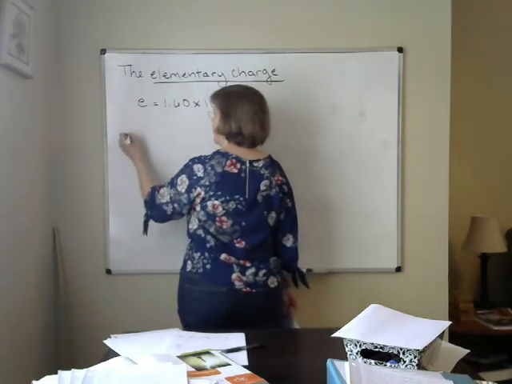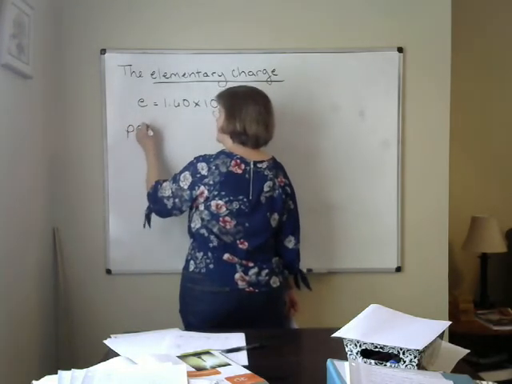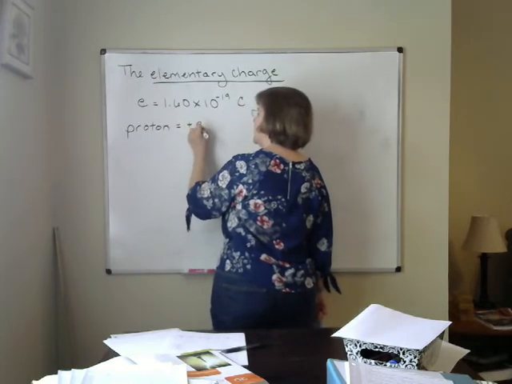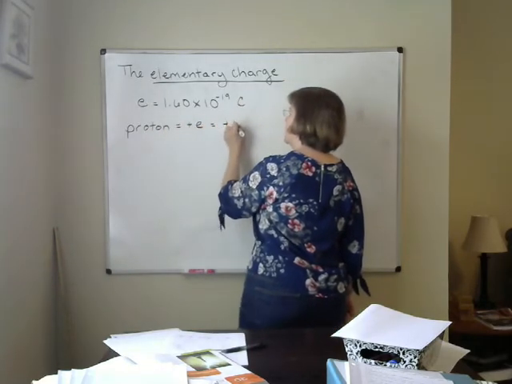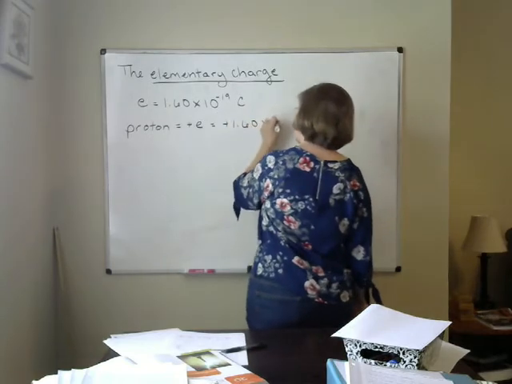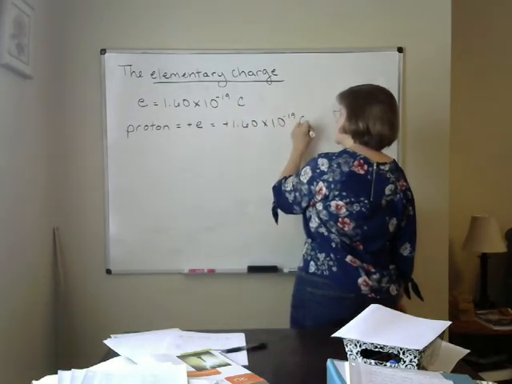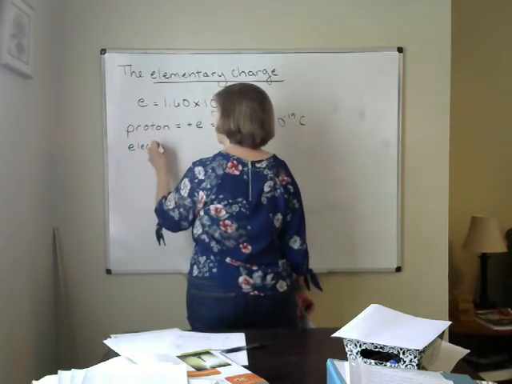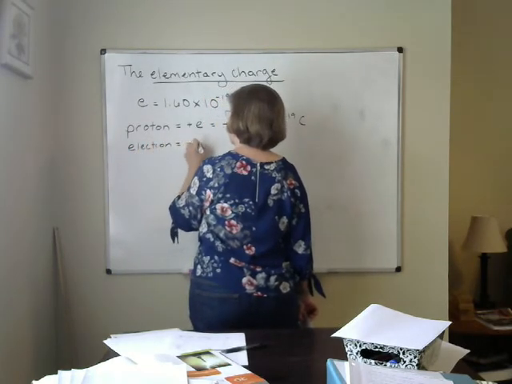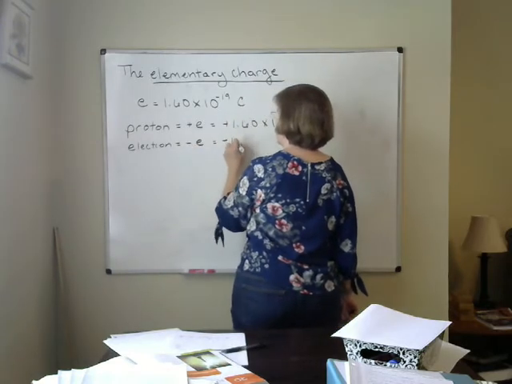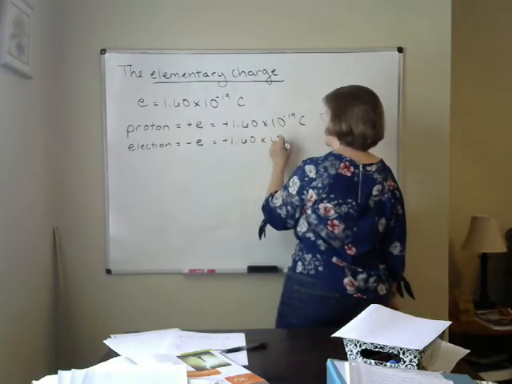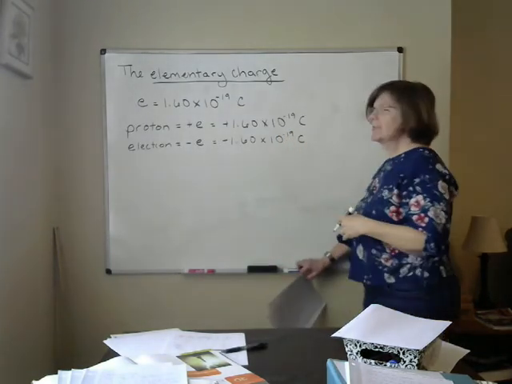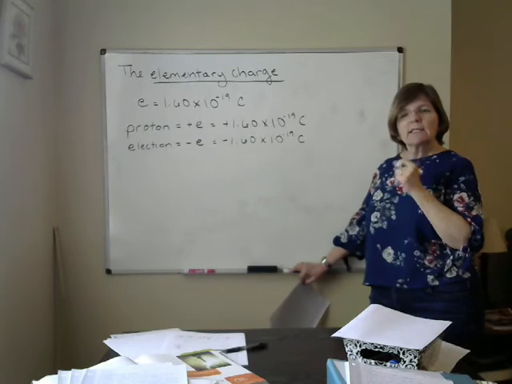So the charge on a proton is equal to a positive e, or positive 1.60 times 10 to the negative 19 coulombs. The charge on one electron is negative e, or negative 1.60 times 10 to the negative 19 coulombs. They have equal but opposite charges, and it's a really small charge.